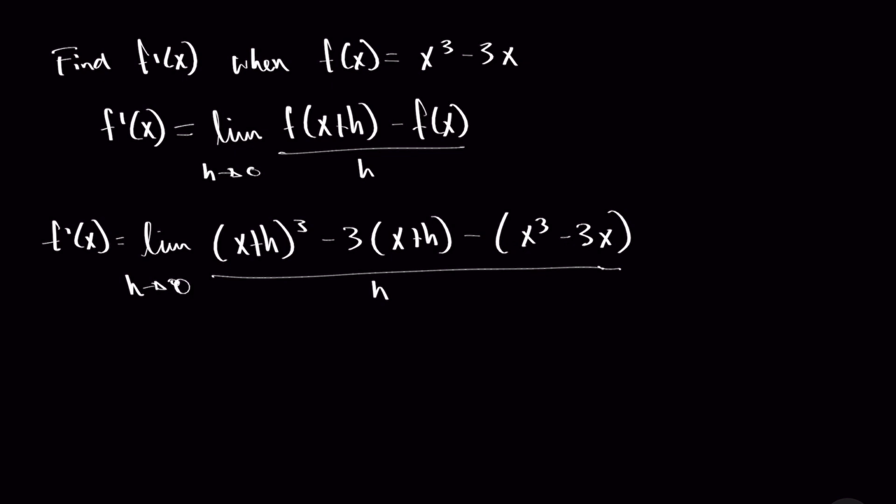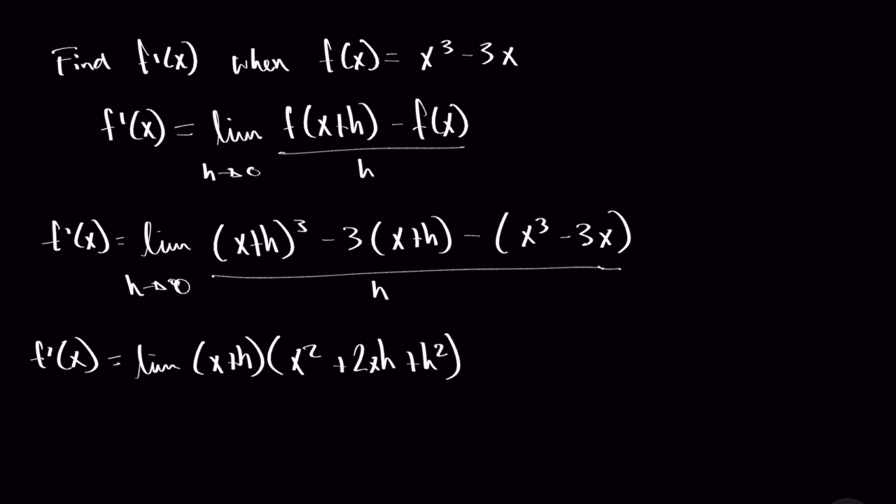And now we can expand to get rid of the parentheses. So we have f prime of x is equal to the limit. And this is what I like to do here if I don't know it immediately. I just write one of the x plus h there, and then I do know what x plus h squared is from the top of my head, which is x squared plus 2xh plus h squared, and then I'll start to distribute afterwards, but let me expand the rest of the numerator here.